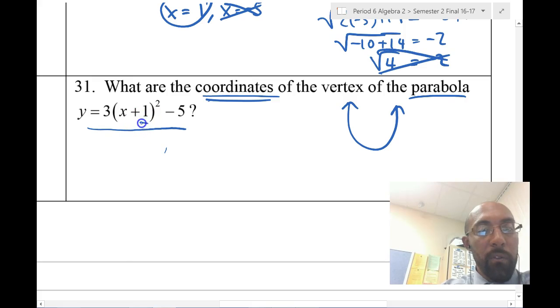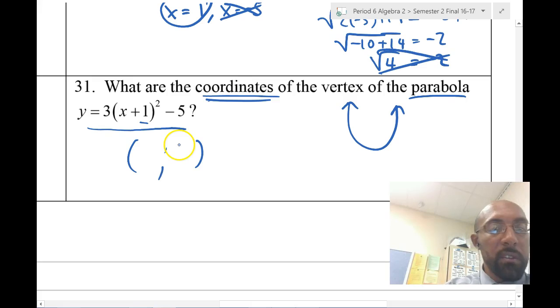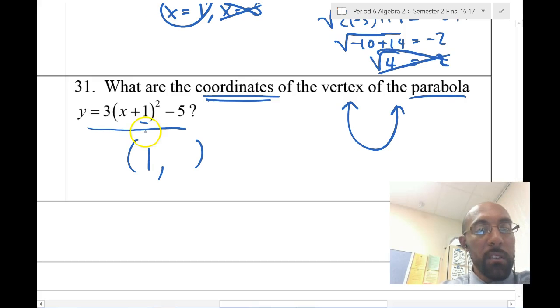The first number inside the parentheses, that's our h, but also our first x value for the vertex. And x is a liar, just like in that one reciprocal function. So if it's x plus 1, it's negative 1. And if it's outside the parentheses, it stays the same. Negative 5. So that's the vertex.